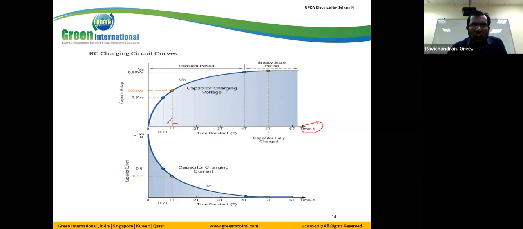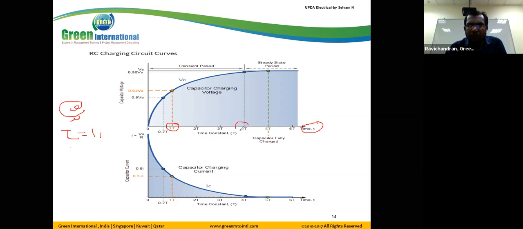At t equal to 1 tau, that is one time constant, it reaches 0.63 of the maximum supply voltage, that is 63%.